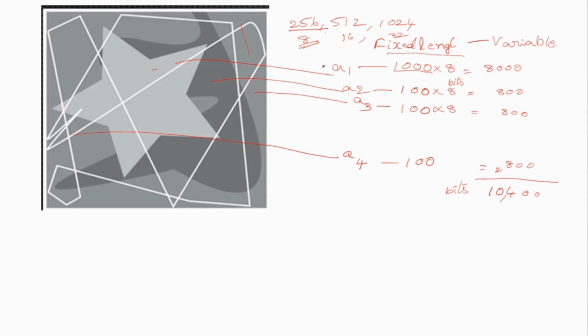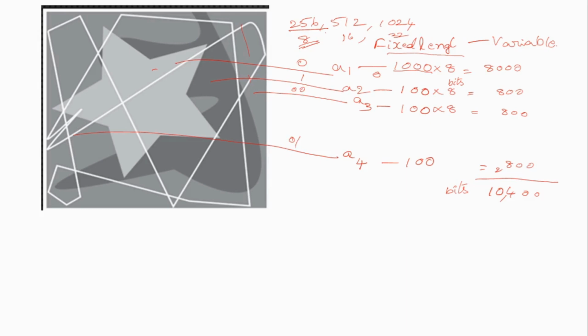Here the highest number of pixels is 1000, that is A1. Suppose you assign the code word 0 for A1, and for A2 you may assign the code word 1, and for A3 it may be 00 or 01.